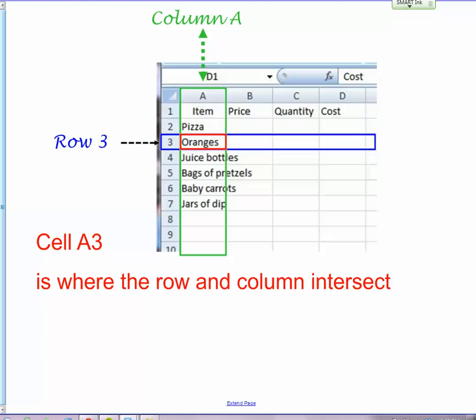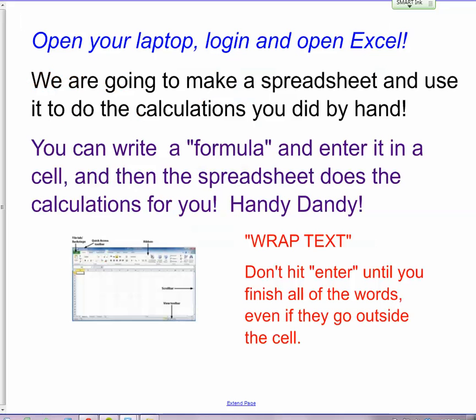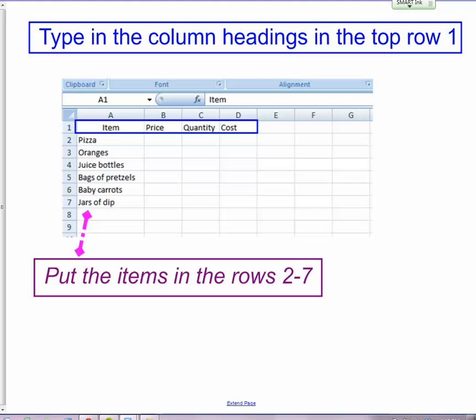Cell A3 is the box where column A intersects with row 3. So you name cells with the column letter first and then the number. What word is in cell A3? The word was oranges.